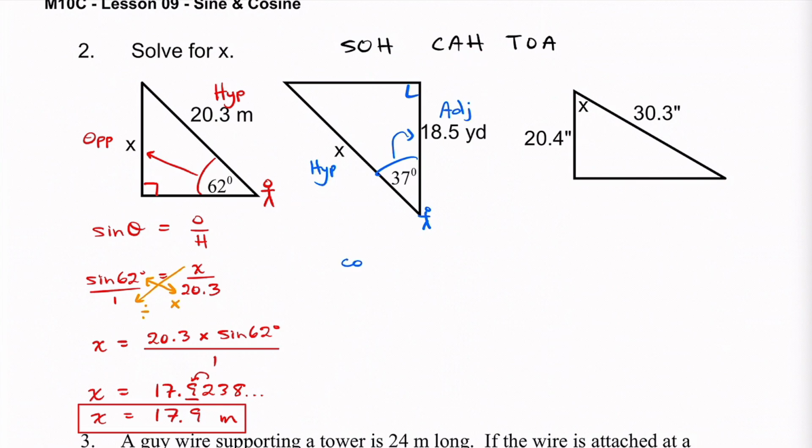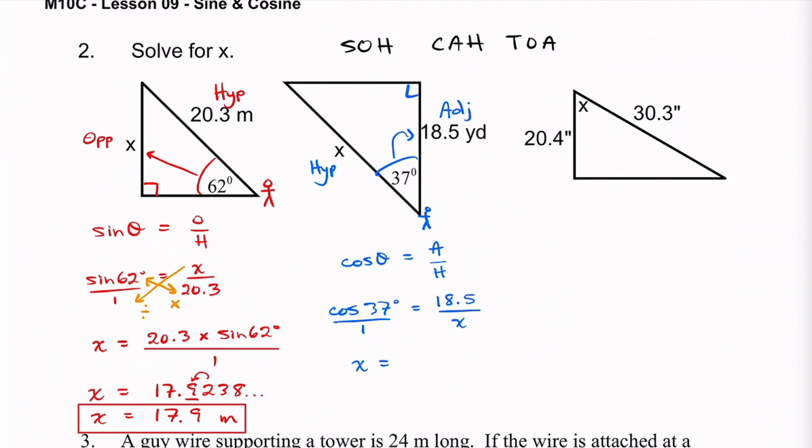So we got cosine theta is A over H, and then we'll fill it in. Cos of the angle, 37, equals adjacent is 18.5, and then the hypotenuse is an x. Okay, and then again, put this over 1 and do your cross multiply divide.